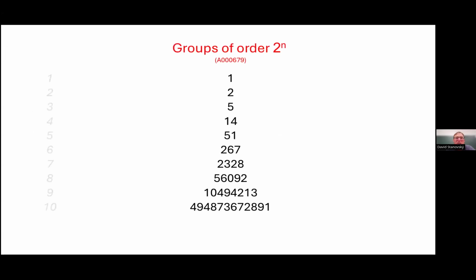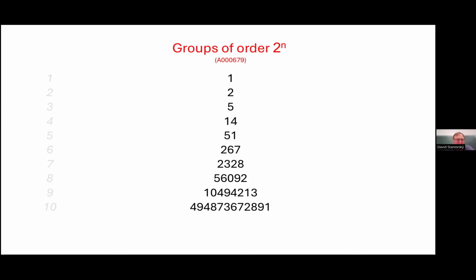So it doesn't seem so, but still it grows pretty fast. So let's print just the enumeration of groups of order 2 to the n. And again, looking at the number of the sequence in the OEIS database, you see that this is one of the first sequences ever entered in the database, and again, it looks like it grows pretty fast, right? So how fast? Is it exponential?